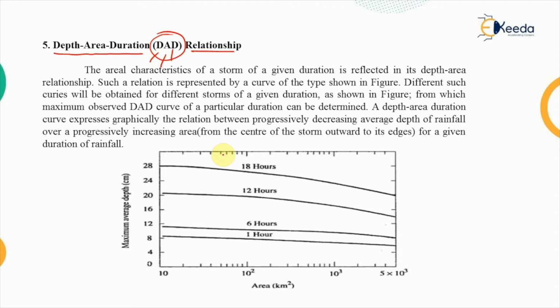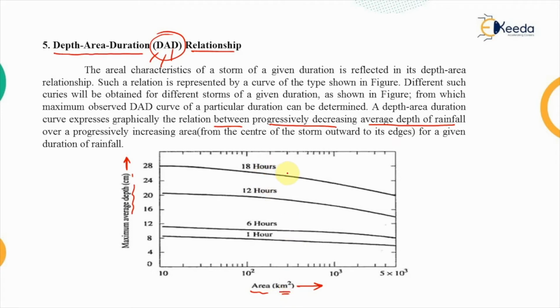From here a maximum observed value is determined. Now what it is representing graphically is the relation between the progressively decreasing average depth of the rainfall. As you can see, on the y-axis we have represented the average depth in centimeters. On the x-axis we have represented the area in square kilometer.